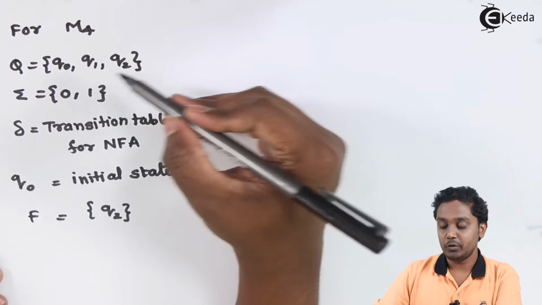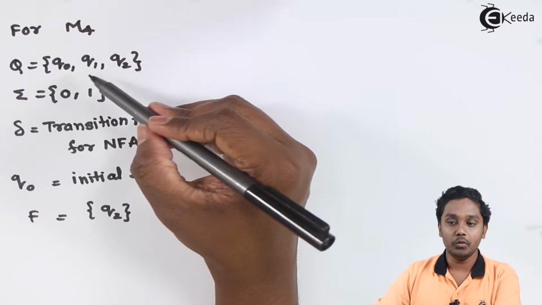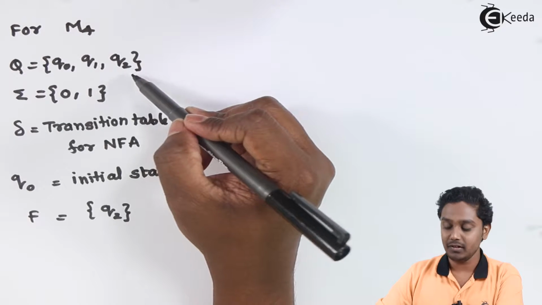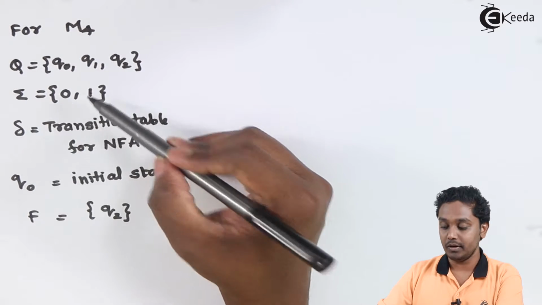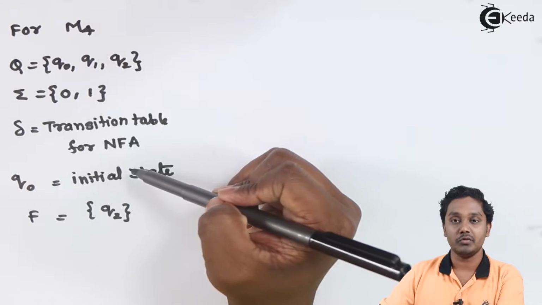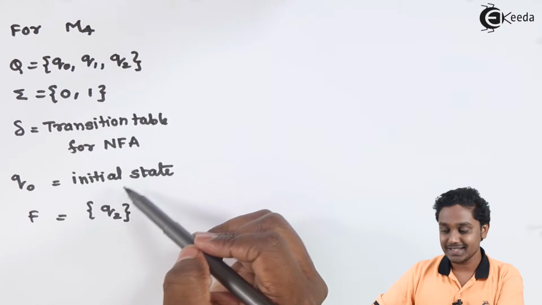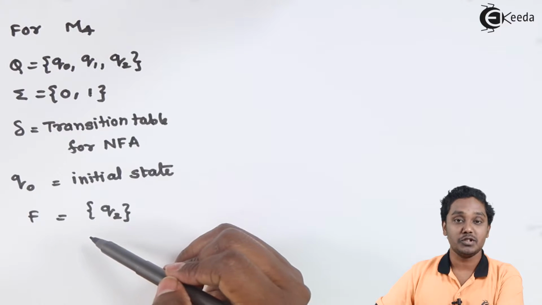For M4, Q will contain Q0, Q1 and Q2 as its states. Sigma is the alphabet containing the binary alphabet 0 and 1. Delta is the transition function for the NFA. Q0 is the initial state, and F is the final state set which contains Q2.